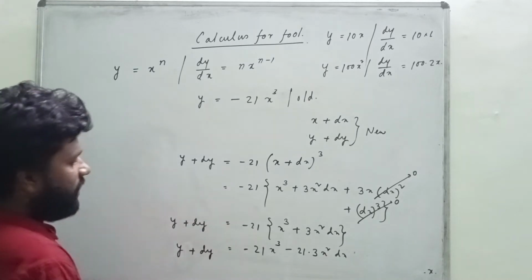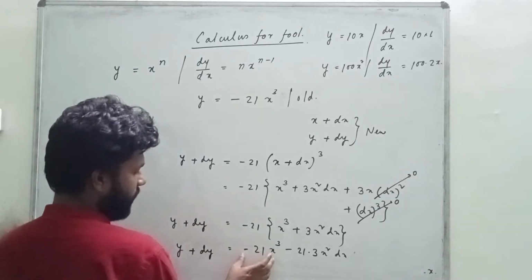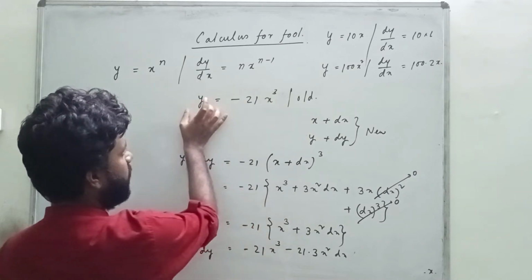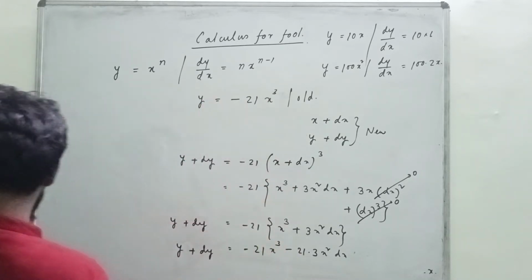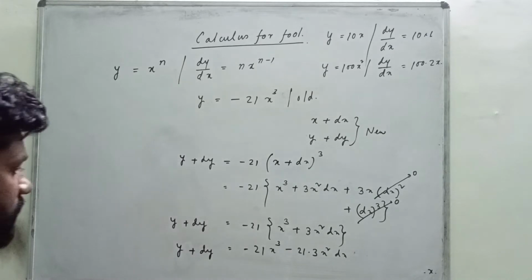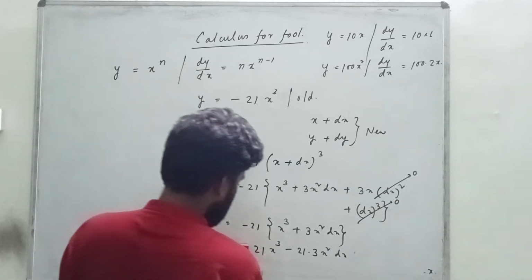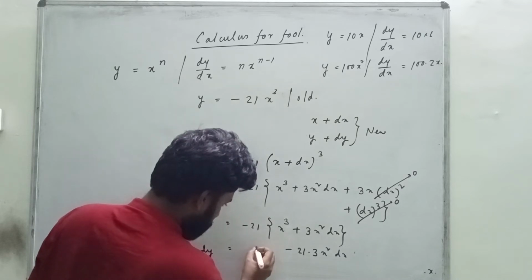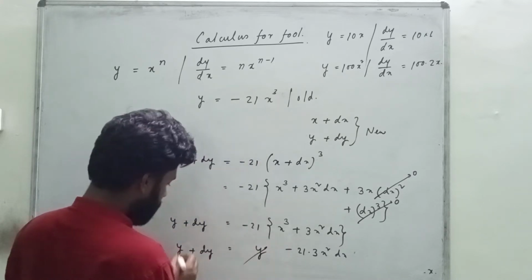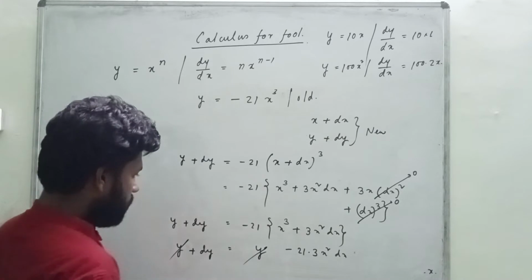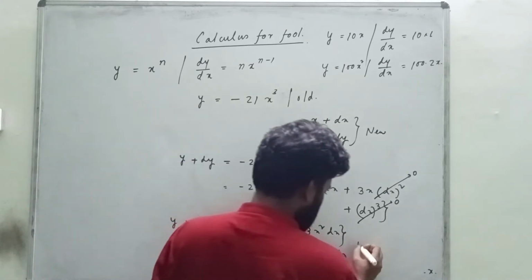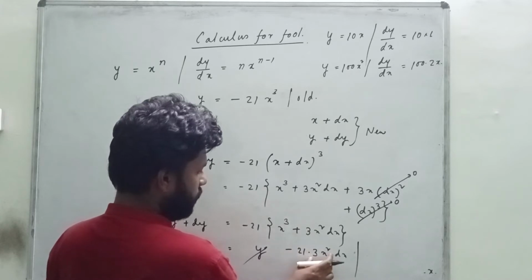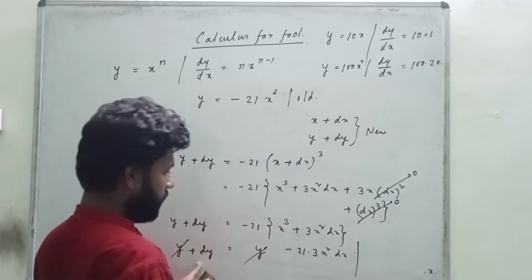Minus 21x cube is actually y, so y and y cancel out, and we are left with dy equals minus 21 times 3x squared dx.